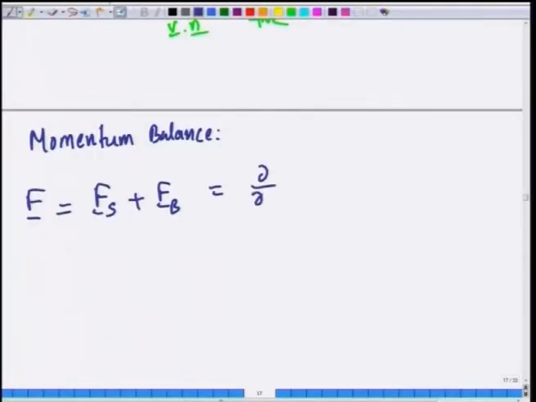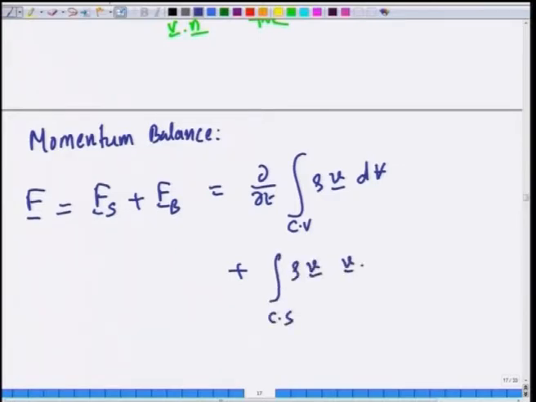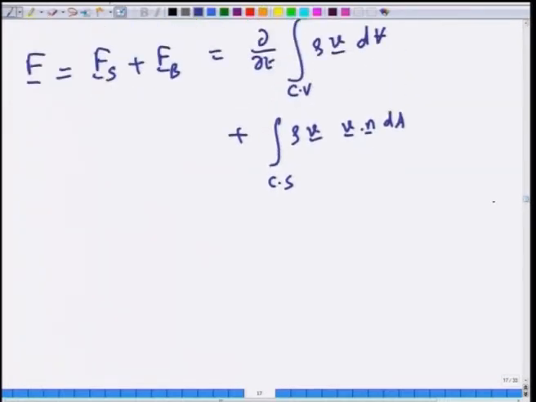An example of a body force is gravity. So, this is equal to d/dt of the integral over the control volume of rho v dV. This is the time rate of change of momentum present in the control volume, plus the momentum influx and efflux due to flow, rho v, through the control surface. This is the momentum balance.